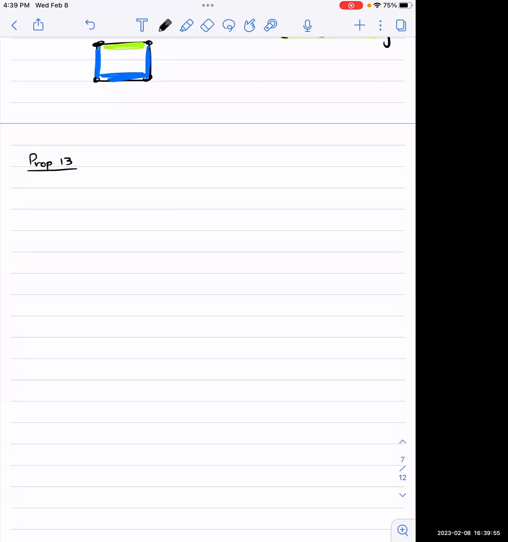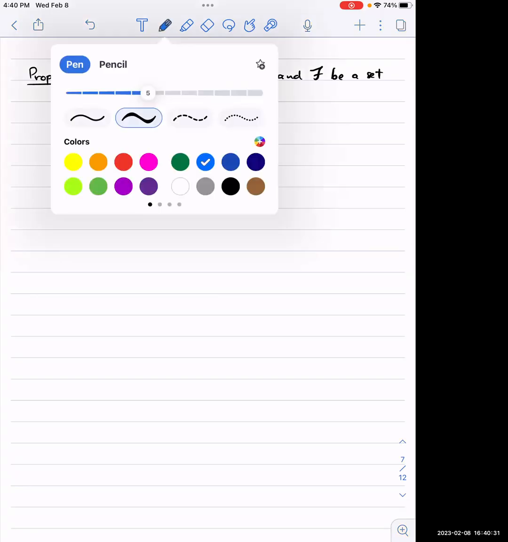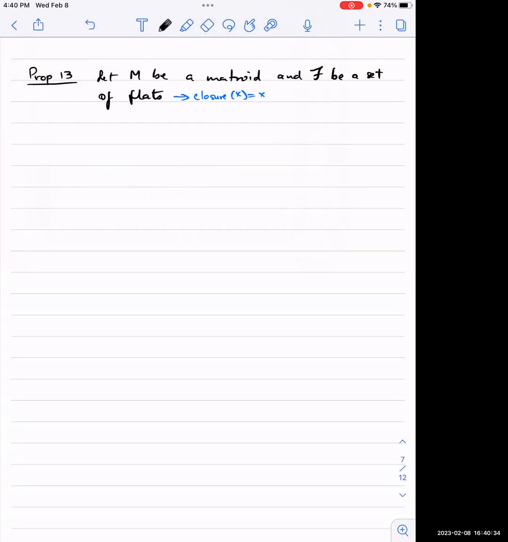So, proposition 13. Let M be a matroid, ground set E, and let F be a set of flats. So what is flats? Flats are the closed sets, right? And those are all the sets where the closure of X is equal to X. That's what flats are in terms of the closure operator.